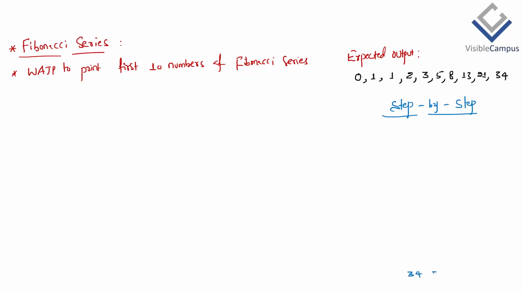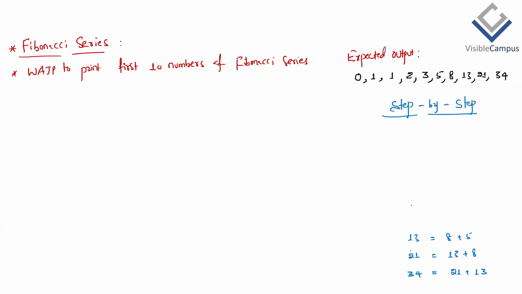How do we get 34? Yeah, 13 plus 21. Can I write 21 plus 13 also? Then how do you get 21? 8 plus 13 or 13 plus 8. How do you get 13? 8 plus 5.